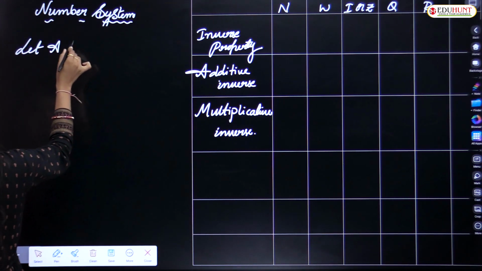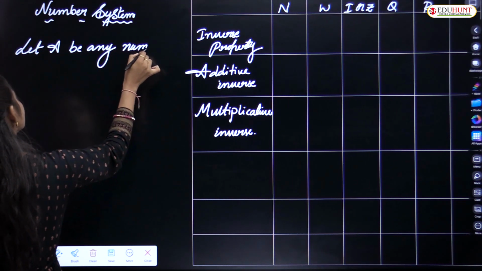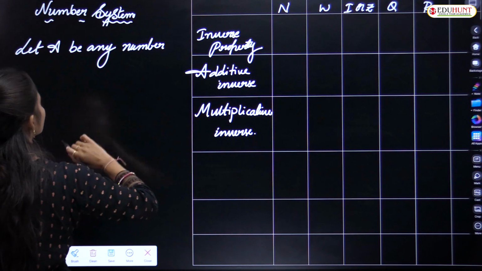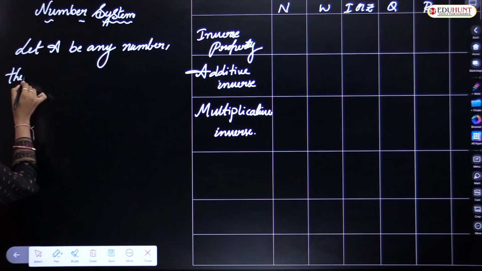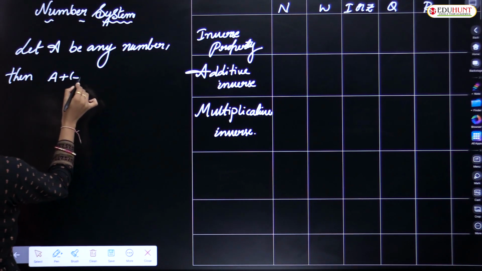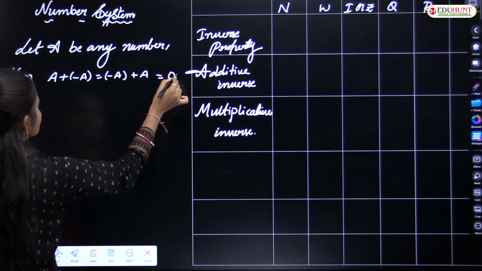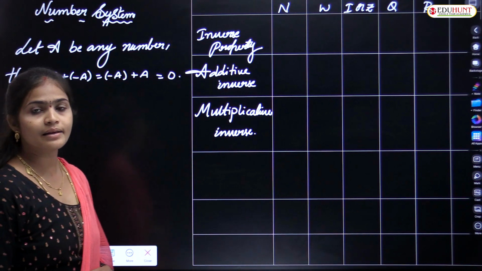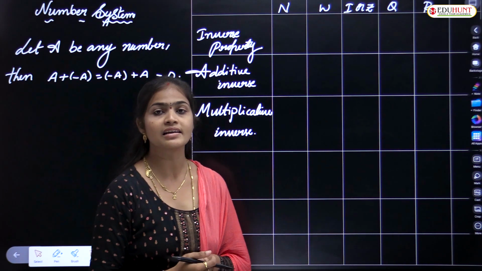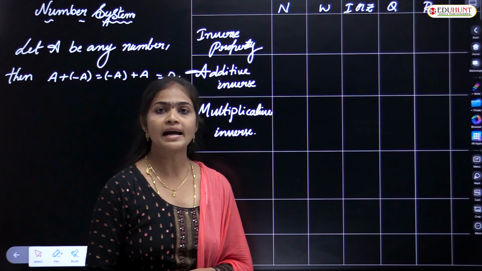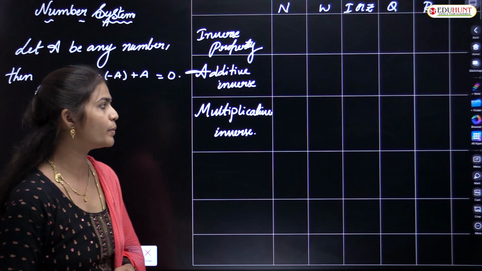Let a be any integer or any number, because we are talking about all the numbers together, no? So let a be any number, then a plus minus a is equal to minus a plus a is equal to 0. If you add a number to its additive inverse, meaning we change the sign of the number, and add those two numbers, the result should be 0. Okay, then only that property holds.